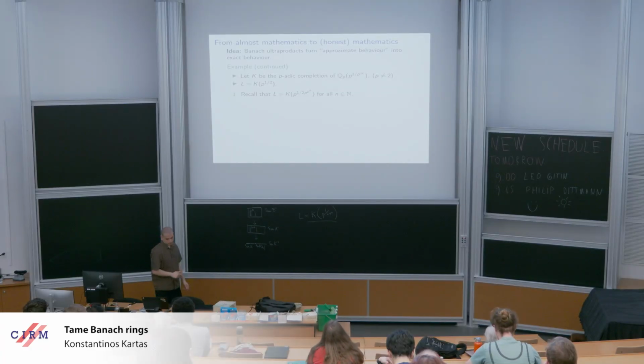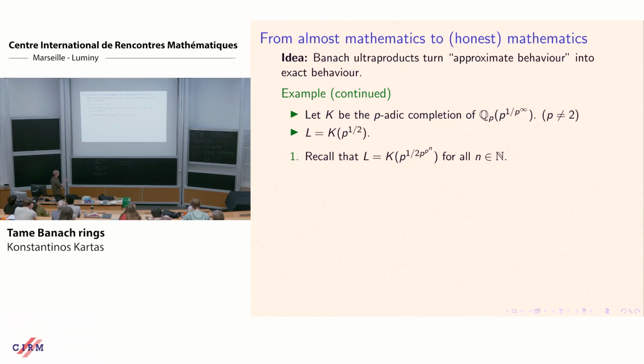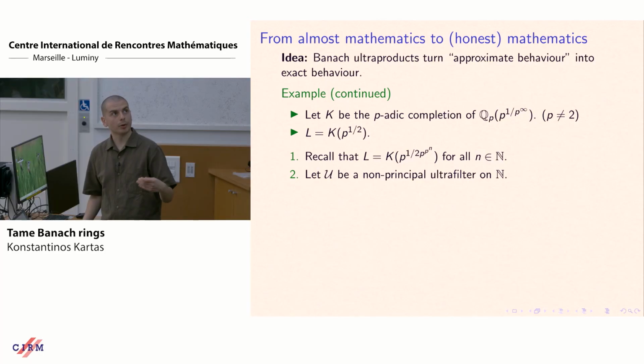So in the very beginning, L is given to us as a quadratic extension where you adjoin a square root of p, but you can actually express it also as a quadratic extension in this way for every n in the natural numbers. And now we can take some limit of these p to the nth roots, because these ultra products have a very liberal notion of what a limit is.